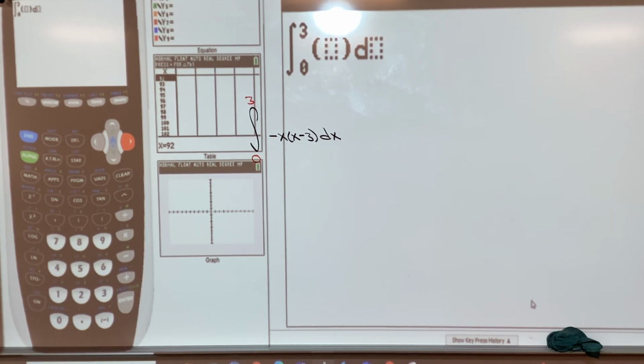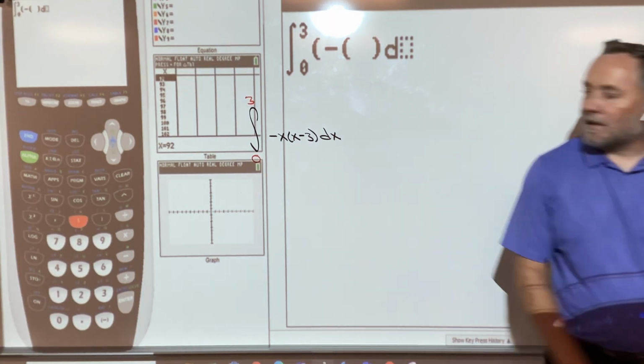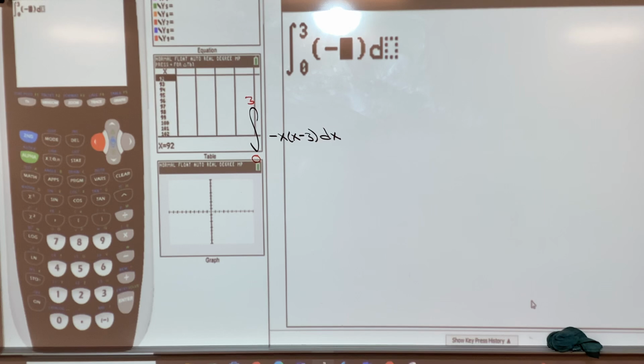Let's type in that function, negative x, and then times x minus 3. I'm going to change this to be the calculator negative, just so it knows what we're doing here.